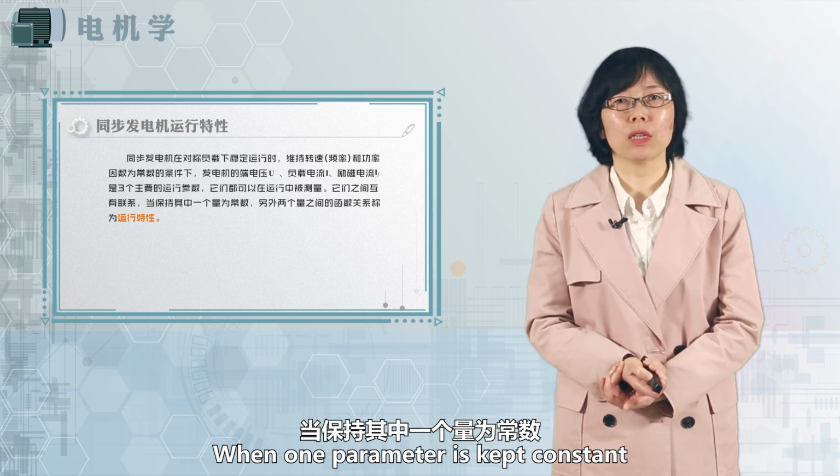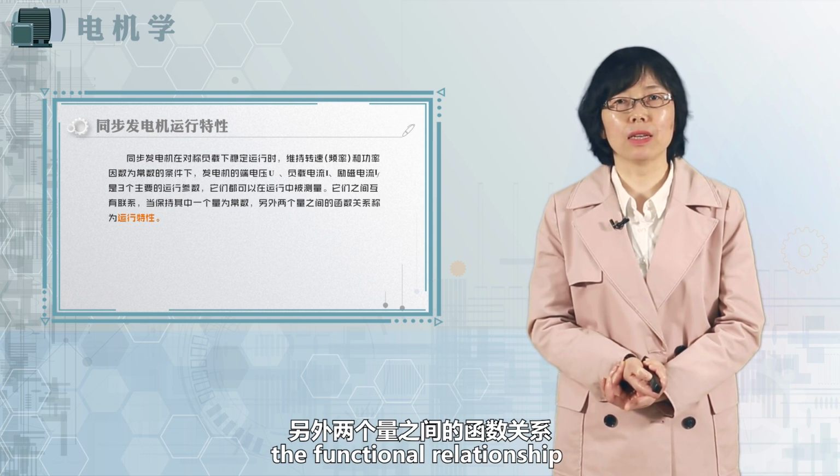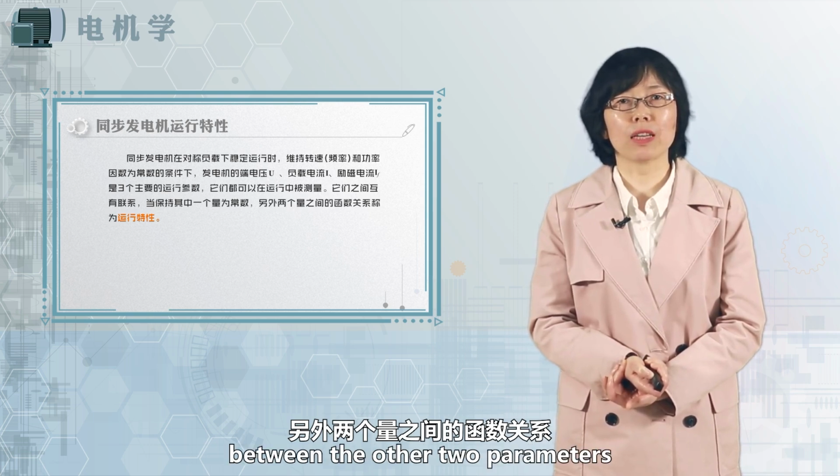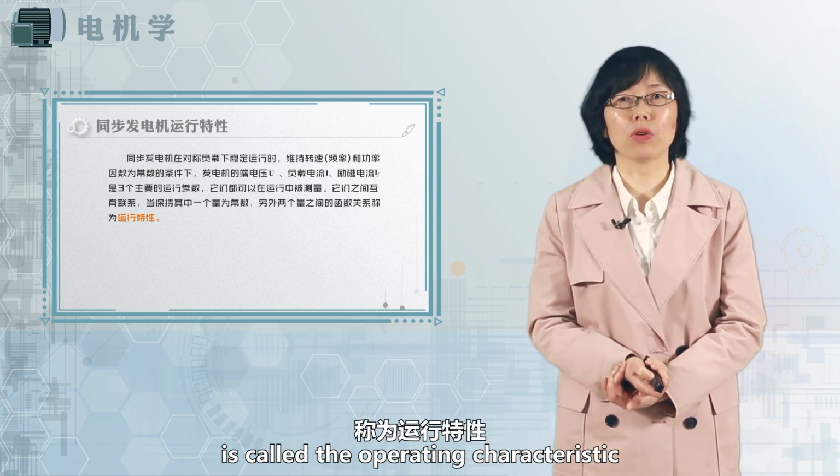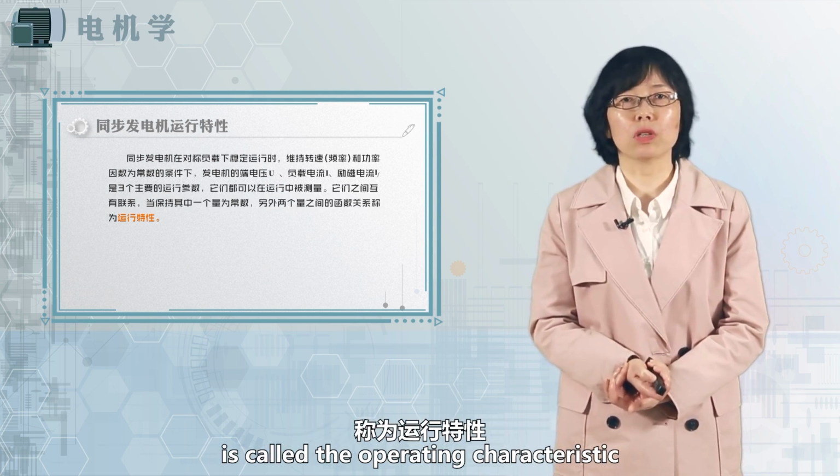They can all be measured during operation, and they are interrelated. When one parameter is kept constant, the functional relationship between the other two parameters is called the operating characteristic.